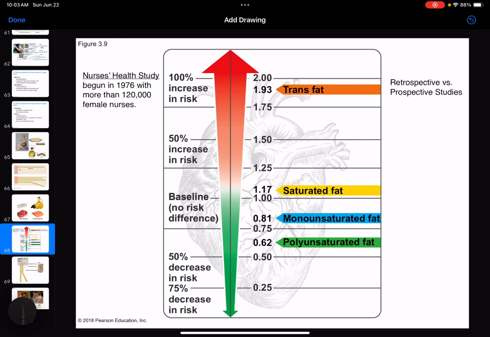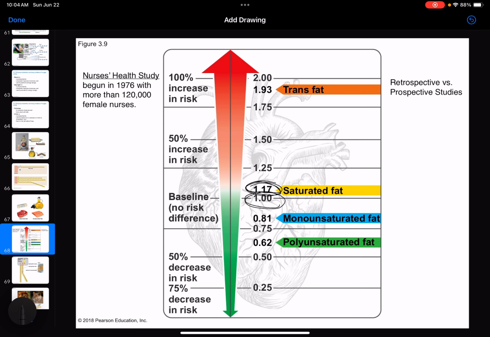Here are some things to understand. Saturated fat will elevate your risk for cardiovascular issues like heart risks. From consuming bacon, meat with fat in it, saturated fat will elevate your risk 17%.